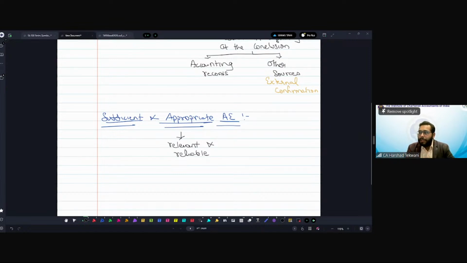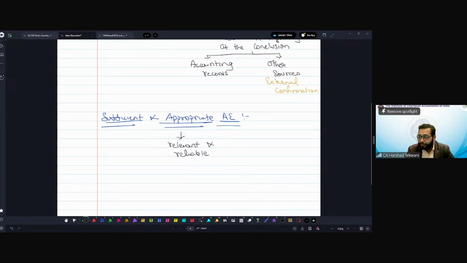So, for example, let's say I'm testing the risk with respect to incorrect invoice processing. By testing one sample, I will get audit evidence. That is perfectly fine. Testing one sample is also audit evidence. But is that audit evidence sufficient to allow me to draw conclusions on that particular testing?